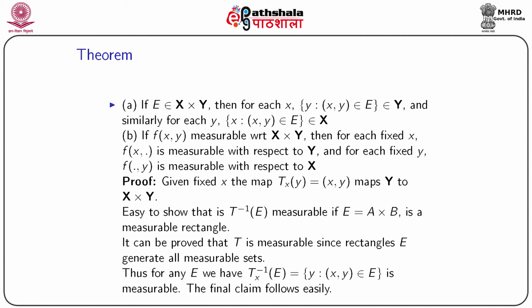So thus for any E, we have T_x inverse of E, which is the set of y such that (x, y) belongs to E, is measurable, and if we use this, then the final claim follows easily. So this is the sketch of the proof of the theorem we mentioned just now.